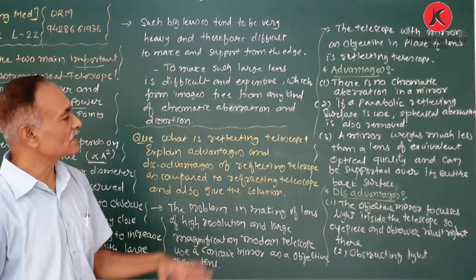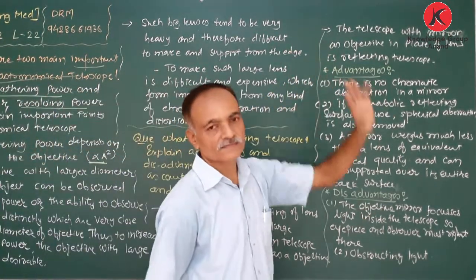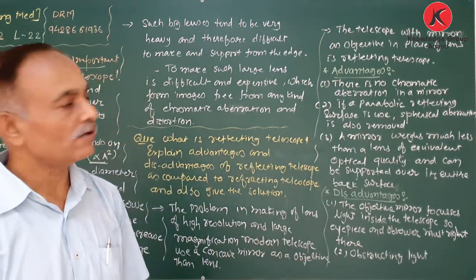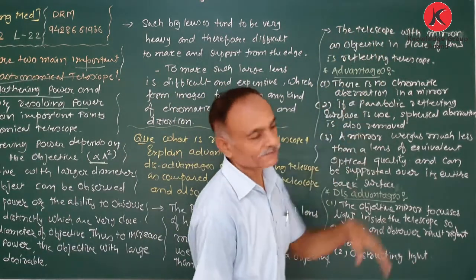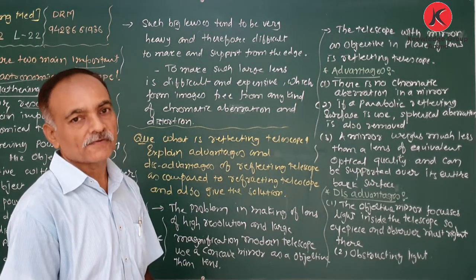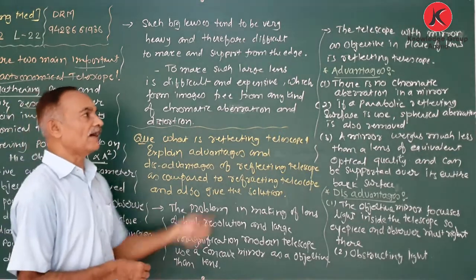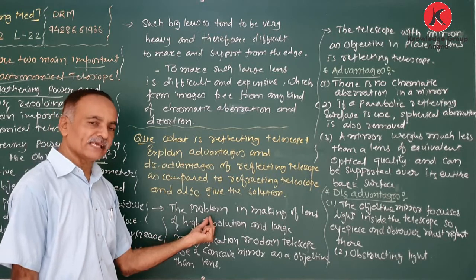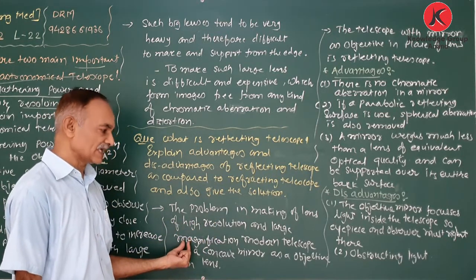Now, first thing, what is the reflecting telescope? The telescope in which a mirror is used as the objective instead of a lens. The telescope with a mirror as objective in place of a lens is known as the reflecting telescope. Why is the mirror used? Because of the problem in making a lens of high resolution and larger magnification.